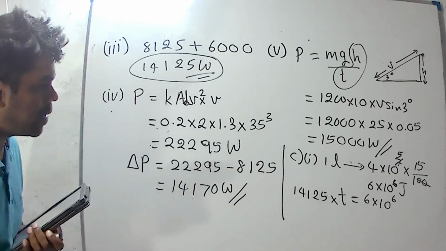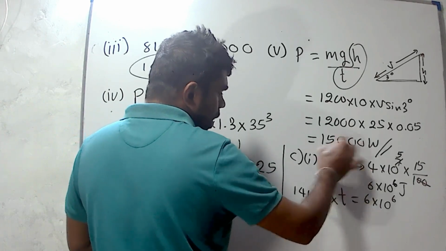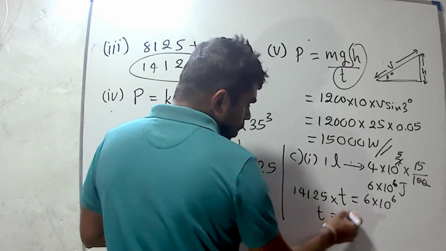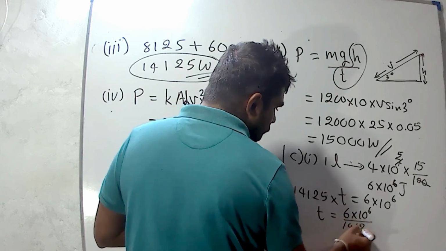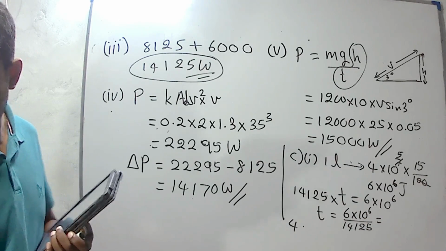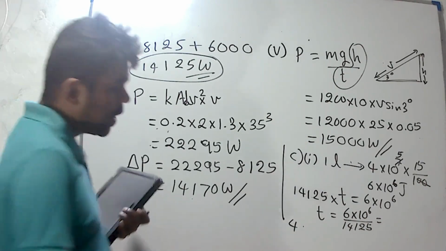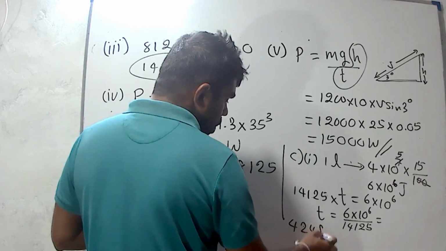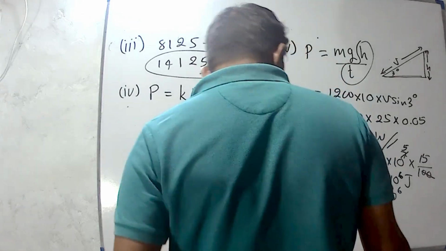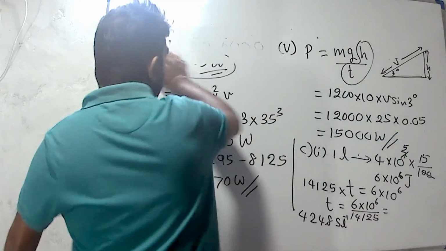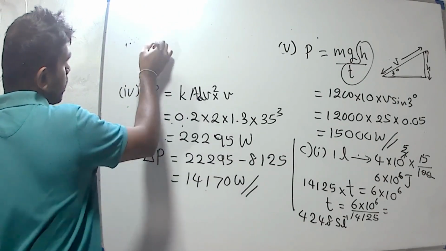And we can find the moving time of the vehicle with 1 liter of petrol: 6 into 10 to the power 6 divided by 14,125, which is 424.8 seconds per liter.